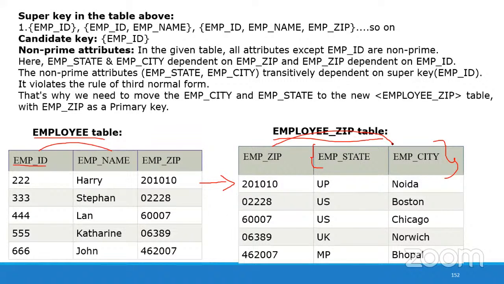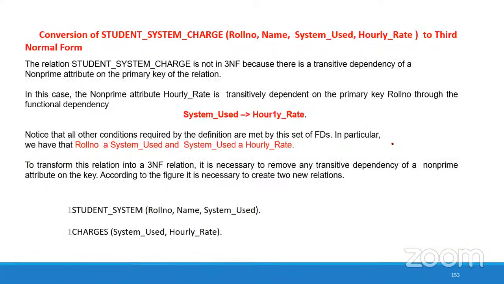Initially the table must be in second normal form, and then you have to find if there is any transitive dependency. You have to remove that transitive dependency. That means you have to convert into third normal form. This process is called conversion of a given relation into third normal form relation.